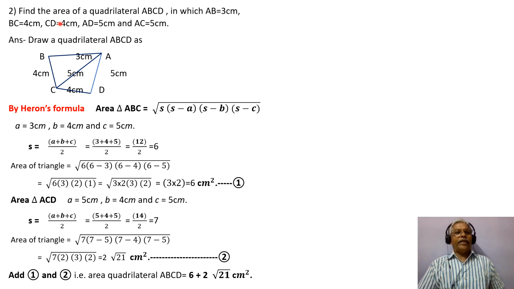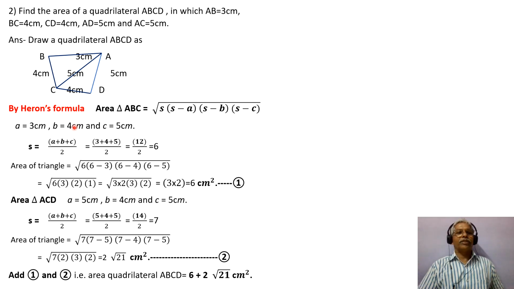Second one, find the area of a quadrilateral ABCD in which AB is equal to 3 centimeters. Okay, so draw like this. Okay, ABCD, AB is 3 centimeters, BC is 4 centimeters, CD is 4 centimeters again, and AD is 5 centimeters.